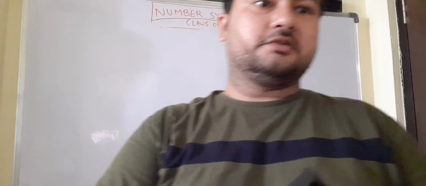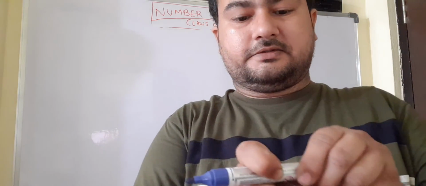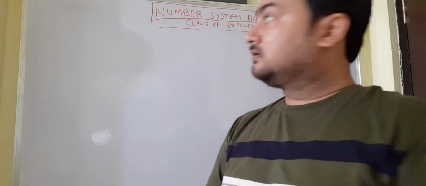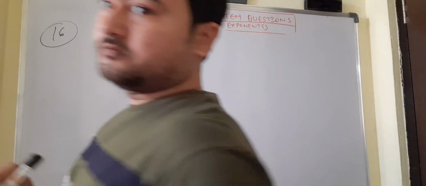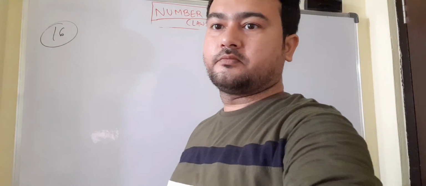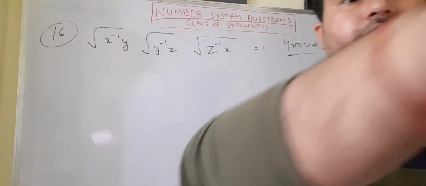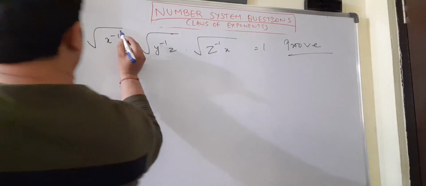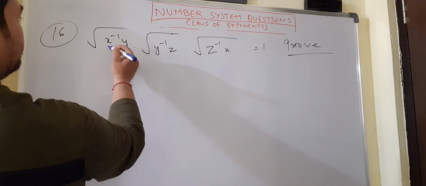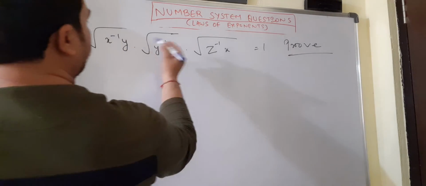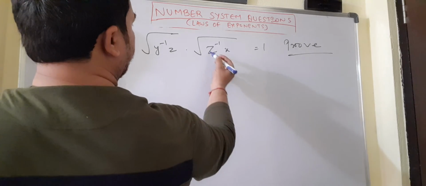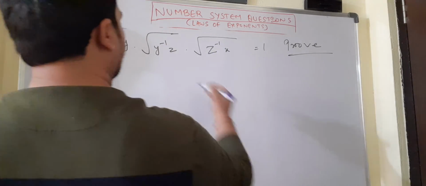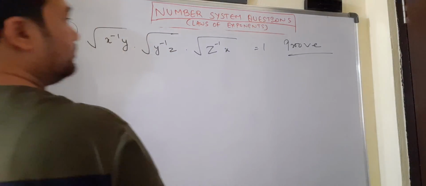Moving on to question number 16, let this open. This is your next question. Square root of x to the power minus 1 into y, square root of y to the power minus 1 into z, square root of z to the power minus 1 into x, and you have to prove that this is going to be equal to 1.